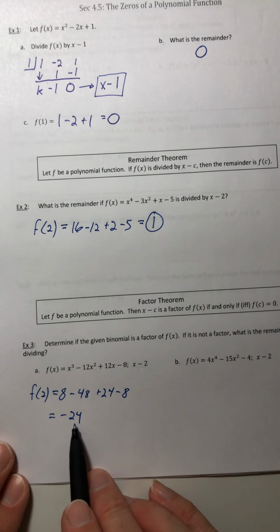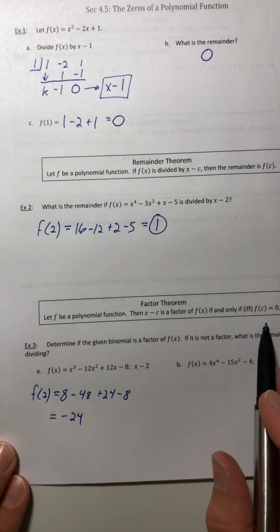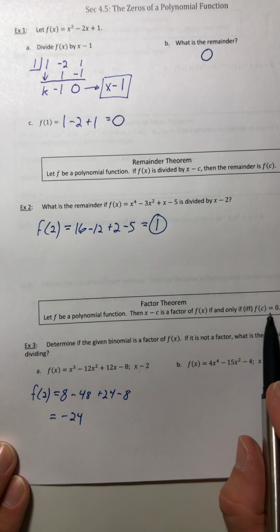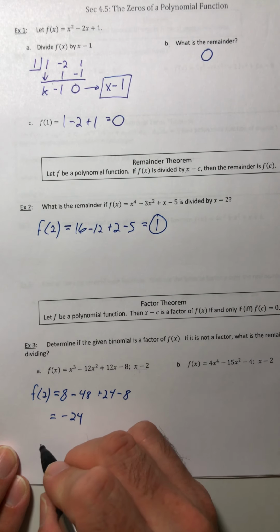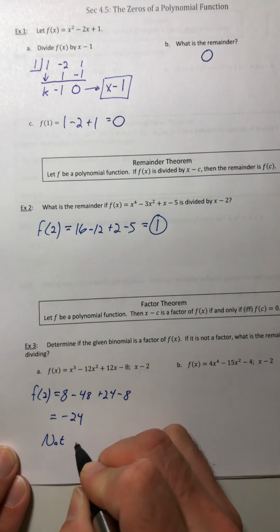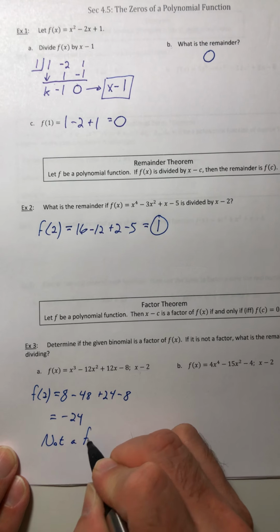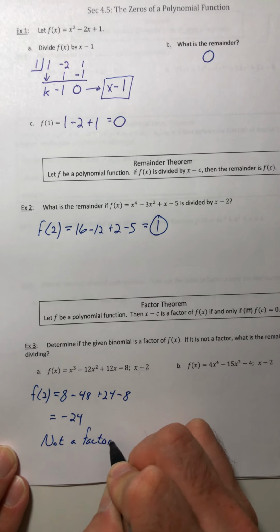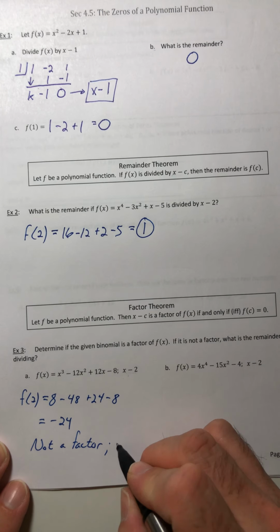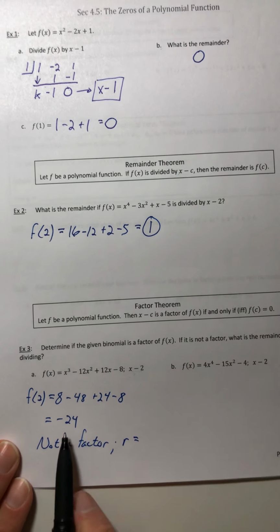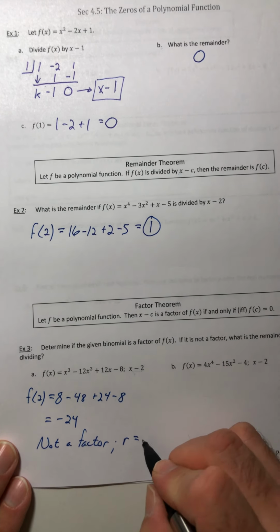Well, that's not 0. So in order to be a factor, the remainder has to be 0, and in this case, it's not. So not a factor. And then if it wasn't a factor, they wanted to know what the remainder was. So the remainder in this case was that negative 24.